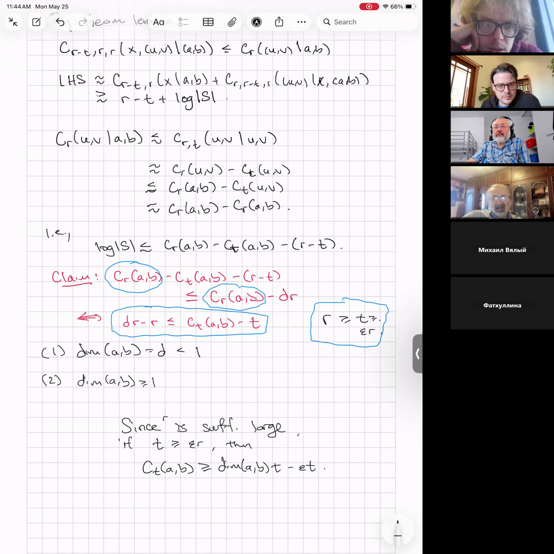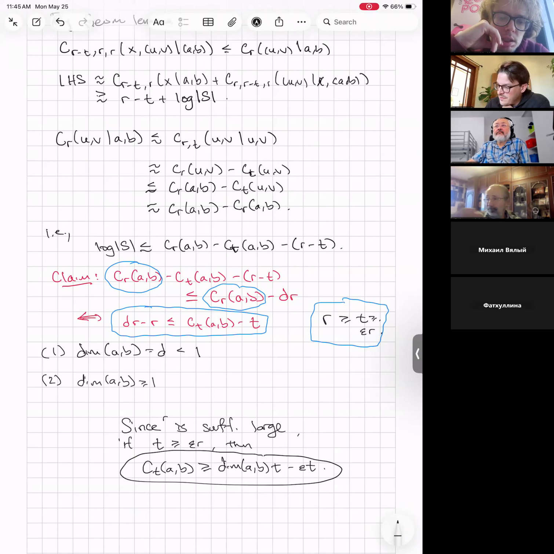Yeah. You just have to say that you assume that t also goes to infinity here. But it could happen that you have a large r, but for this large r you have a very small t. Then you just say that the left-hand side is just a constant, and the right-hand side is non-positive. So it's fine. In fact, as long as T is sufficiently large, larger than an absolute constant, it will always satisfy this because of the limit.